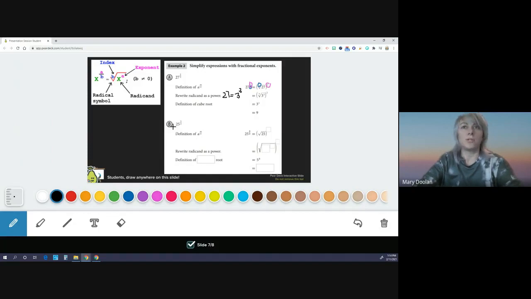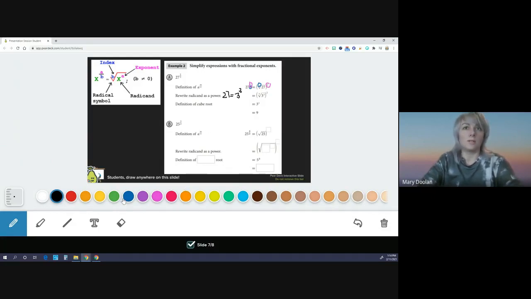Okay, and so now we're going to do this next one together. 25 to the 3/2 power. So we're going to use the definition of a to the m over n, which means I'm using the rule where the denominator becomes the index and the numerator becomes the power.